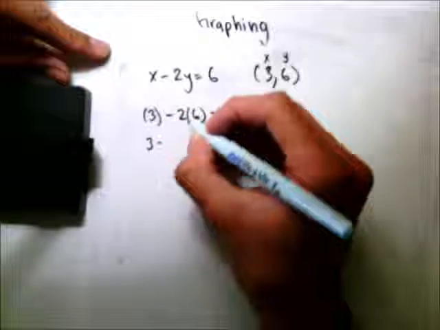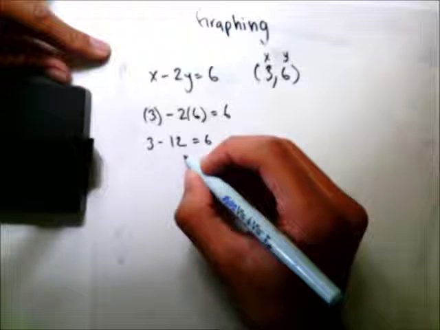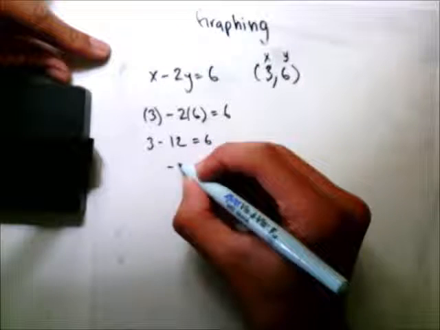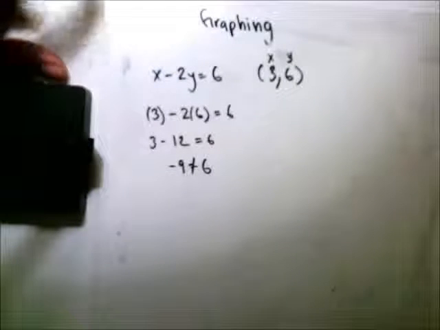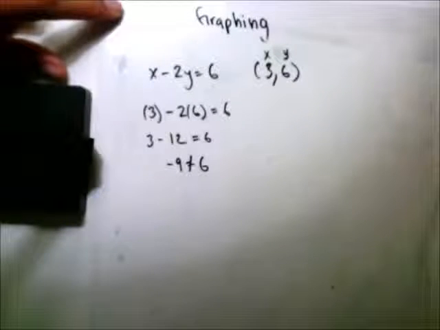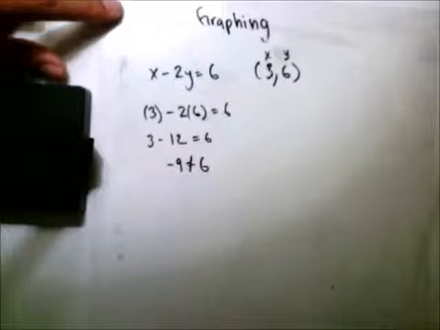We end up getting 3 minus 12 is equal to 6. 3 minus 12 gives us negative 9, which is not equal to 6. So from here, we can tell that the ordered pair (3, 6) is not a solution to the given equation.